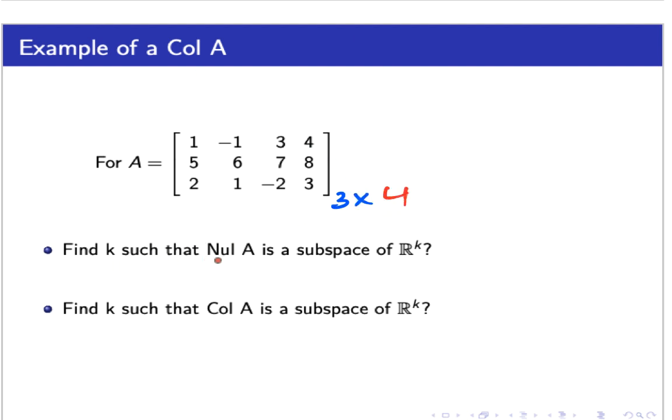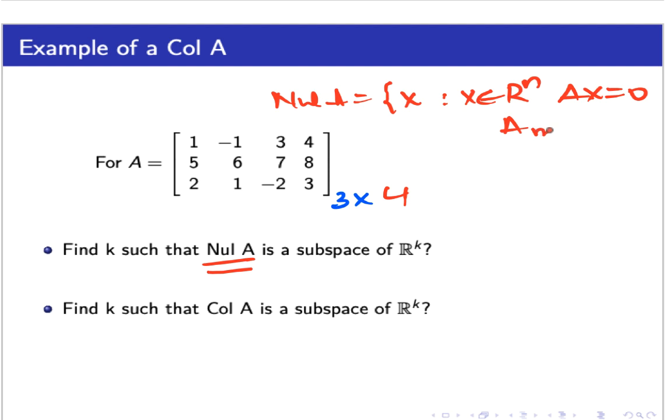Now, remember, the null space of A is all those x in R^n such that Ax is 0, where A is an m by n matrix. So the moment you keep this in mind, your k is in sync with the number of columns of the matrix. So here my k is 4.